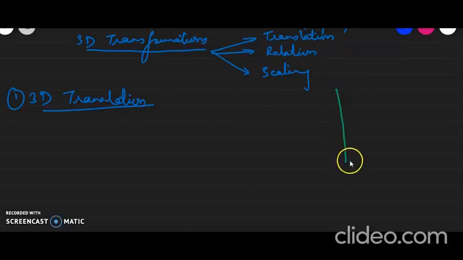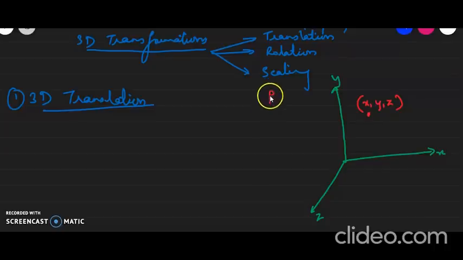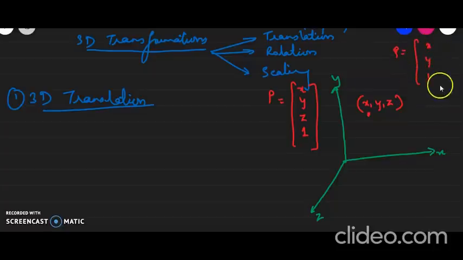Now I will be drawing my three-dimensional coordinate x, y, and z out here, right? Any point in 3D is given by x, y, z. So my point coordinate in 3D will be x, y, z, and a 1. Right? My point coordinate in 2D was x, y, 1, right?